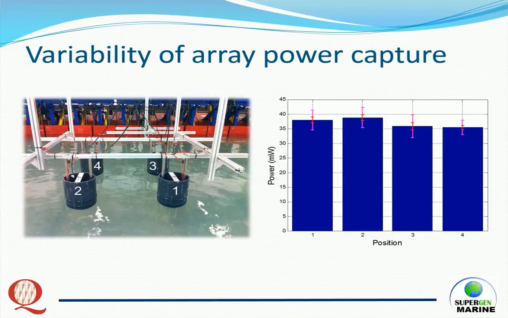What you find actually, because of small imperfections and a variety of experimental effects, is that you do get a variation. And here on the right you can see the one standard deviation and 2 standard deviations uncertainty in the power capture performance.